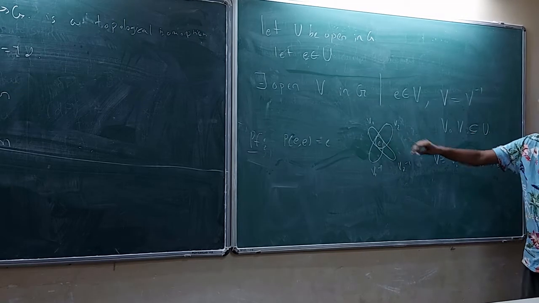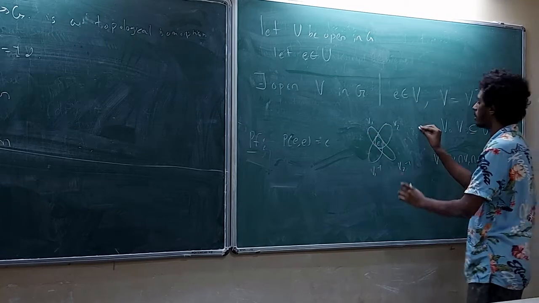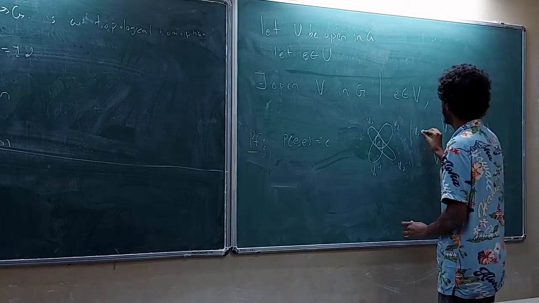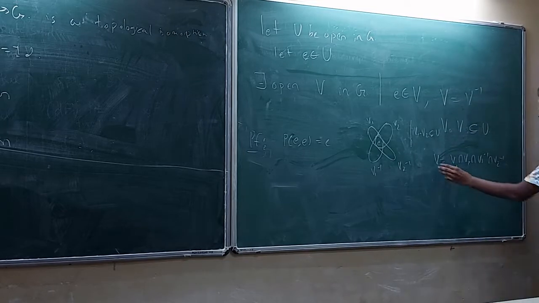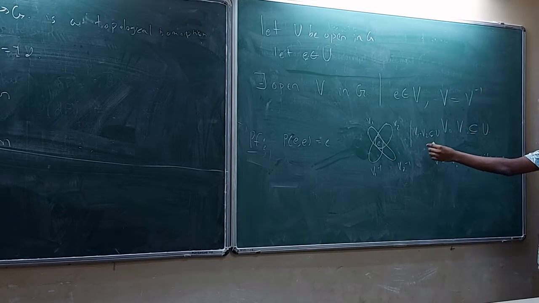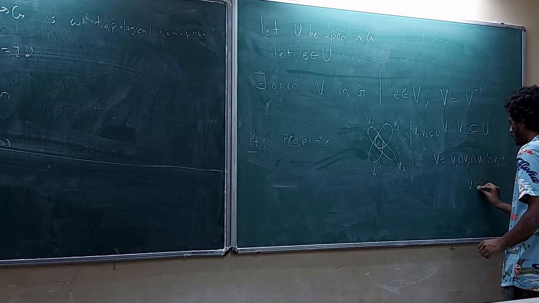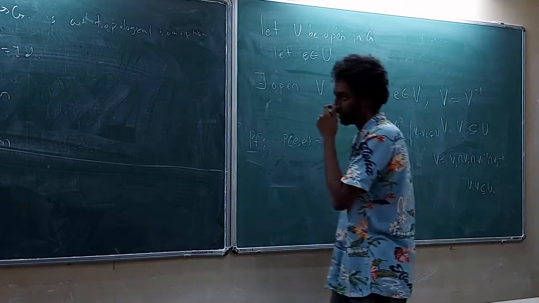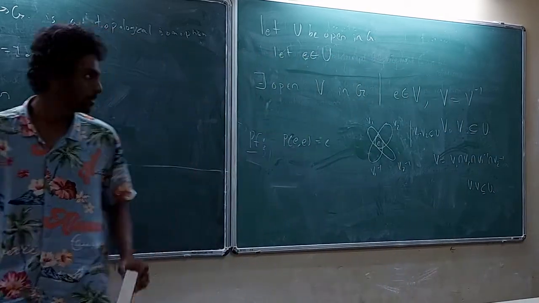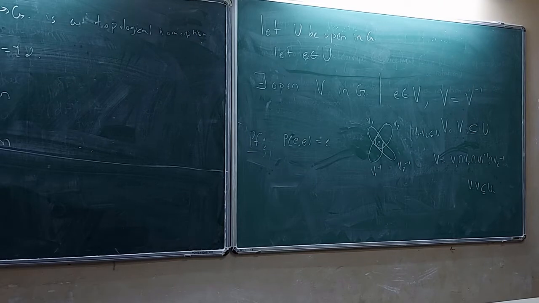And since we had by definition that V1 dot V2 was supposed to be contained in U, and V lies inside V1 and V2 because it is the intersection, we also have V dot V is contained in U. So it might not seem powerful, although it should because it combines two important properties. But we'll see how to use this result later.